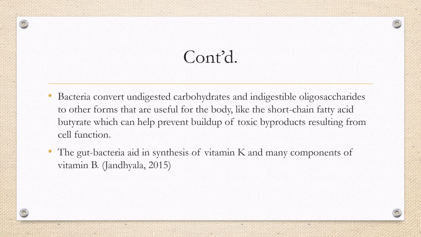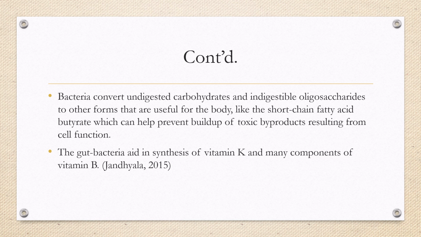Bacteria also convert undigested carbohydrates and indigestible oligosaccharides to other forms that are useful for the body, like the short chain fatty acid butyrate, which can help prevent buildup of toxic byproducts resulting from cell function. So some of the bacteria in your gut will metabolize oligosaccharides, which we ingest in a healthy diet, but our body can't do anything with.